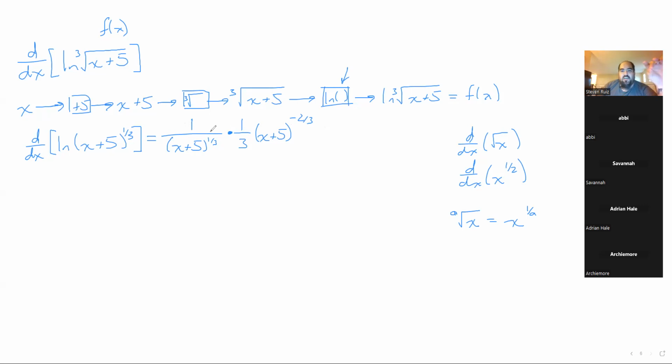The derivative of the outermost function with the actual input to that function left intact, times the derivative of the middle function with the output of the inside function left intact, multiplied by the derivative of the innermost function, which is 1. You basically just take the derivative of each part and multiply it together. That is what the chain rule is.